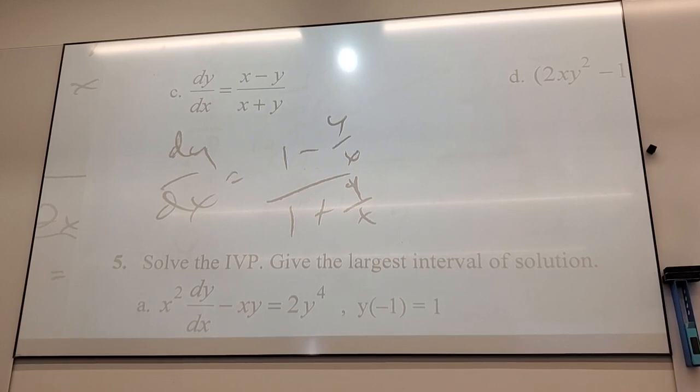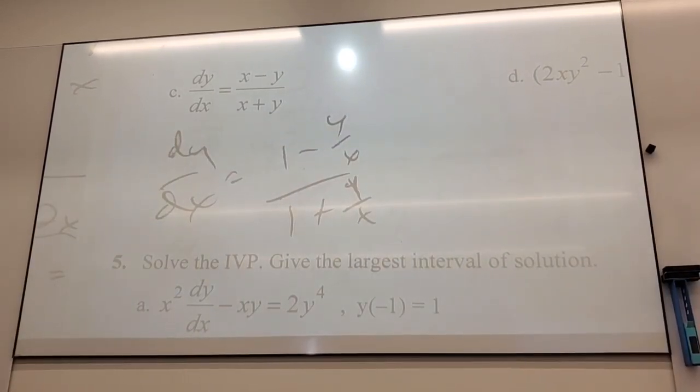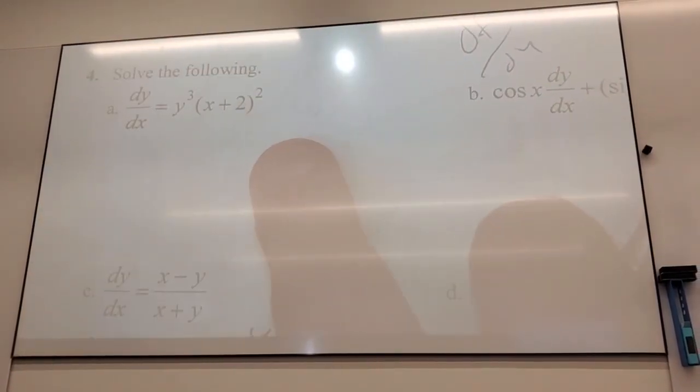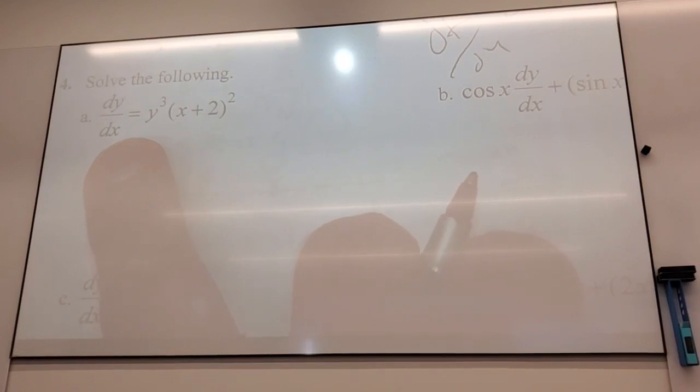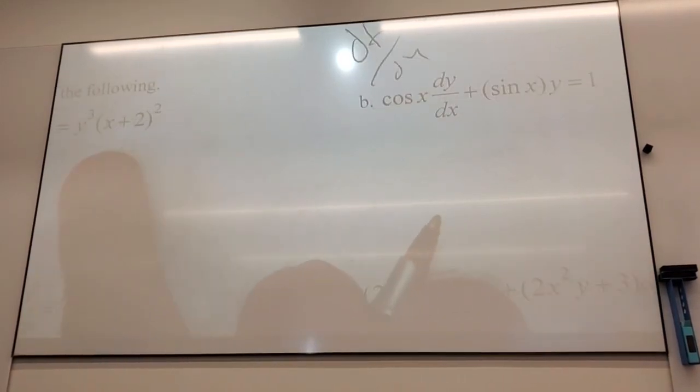If you tried the practice test, were there any that were really difficult? Any that gave you a lot of trouble? So on the practice test, I was really mean. I just said solve, right? Part A, did everybody identify this? Separable, yeah, kick ass.